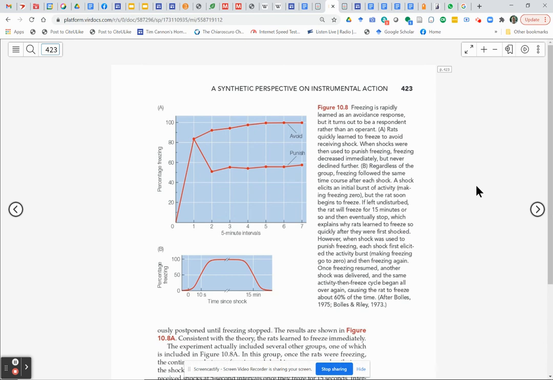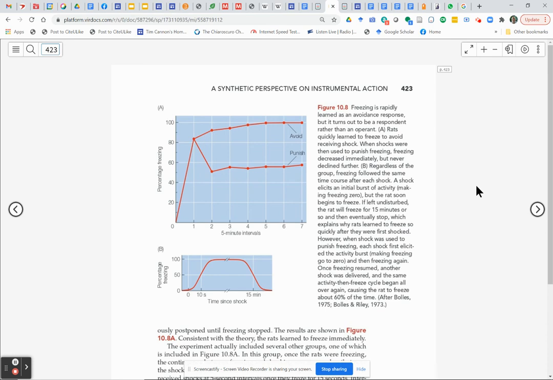They would learn very readily an avoidance response of freezing, almost like they were made to, as if it was a species-specific defense reaction.